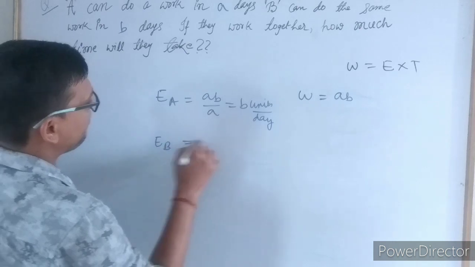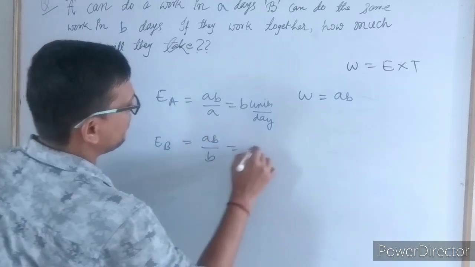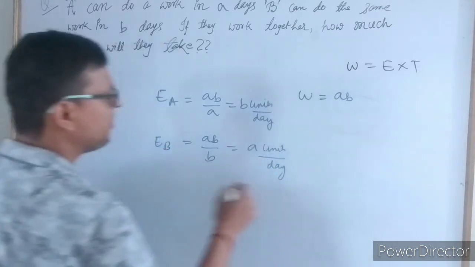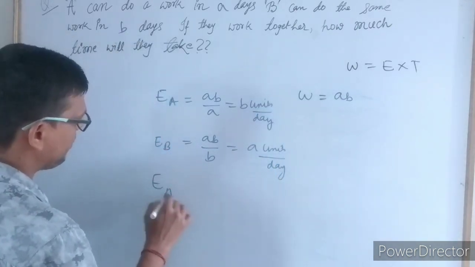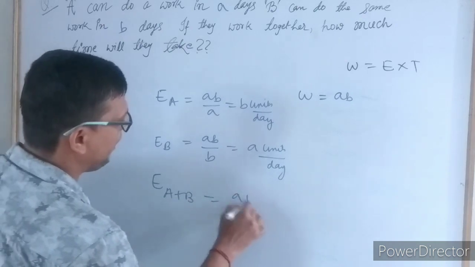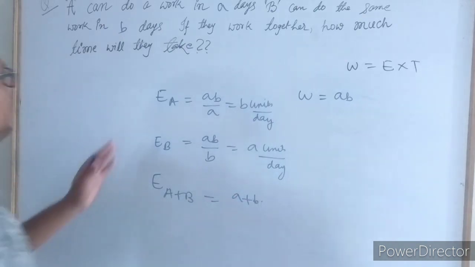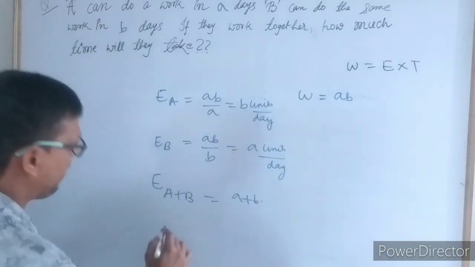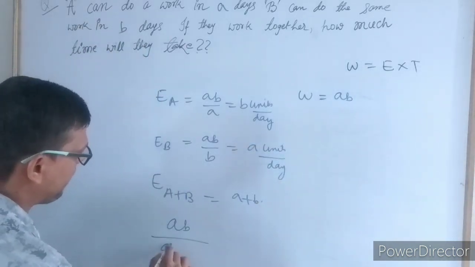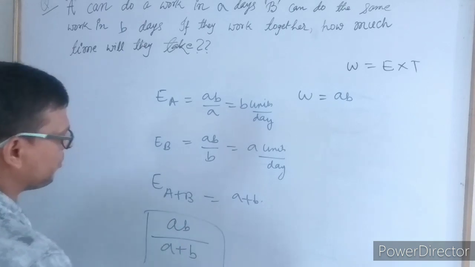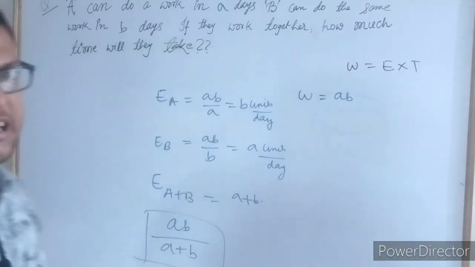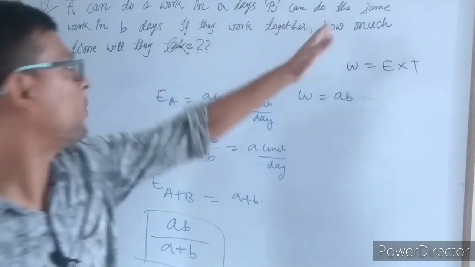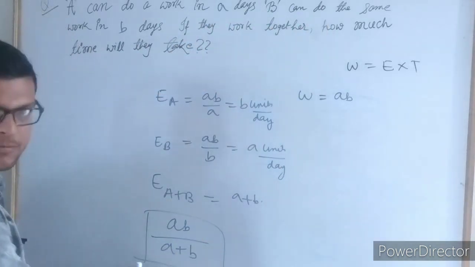Efficiency of B can be written as A units per day. Their combined efficiency is A plus B, and time taken if they work together will be work by efficiency. The work I have taken as AB and their combined efficiency is A plus B. So if A can do a work in A days, B can do a work in B days, if they work together they will take AB by A plus B days.